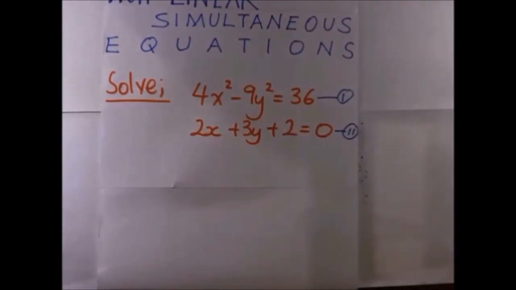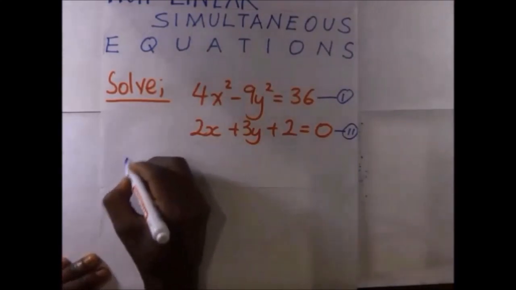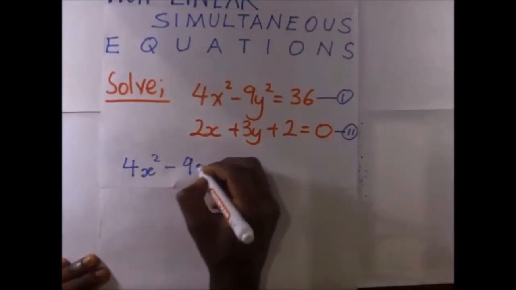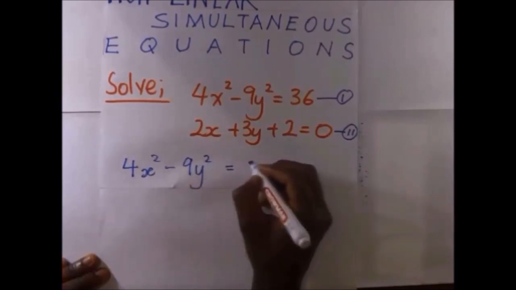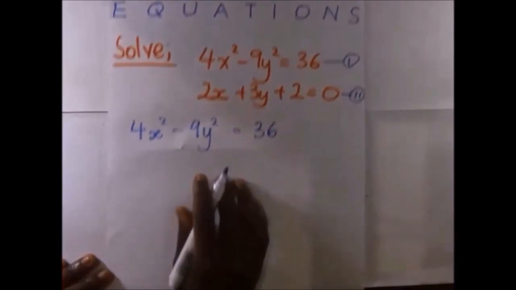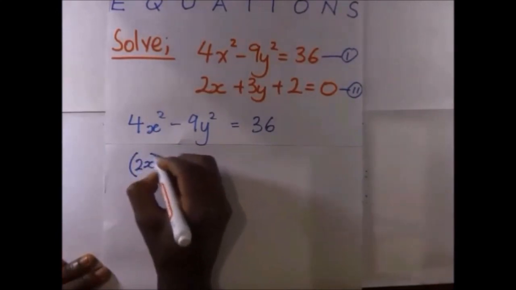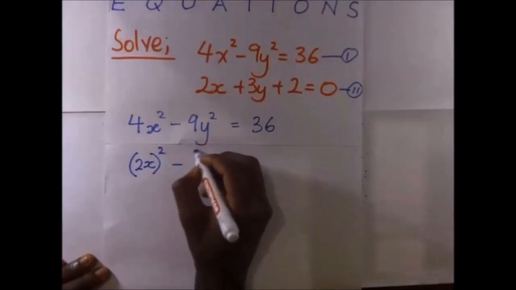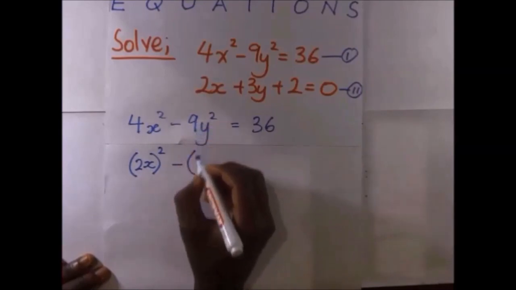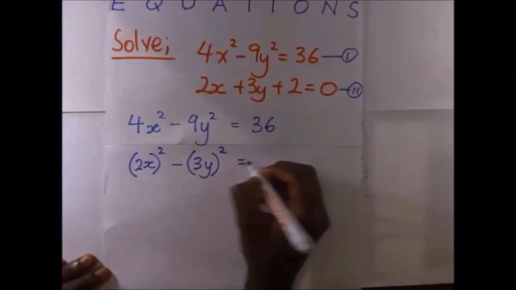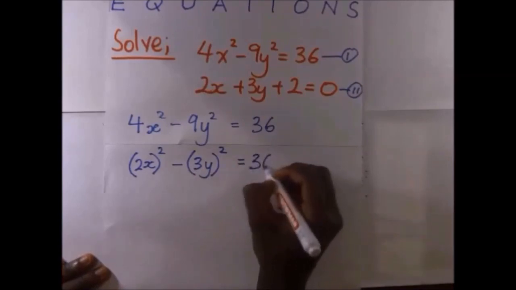So for my first equation, we see that 4x squared minus 9y squared is going to be equal to 36. So this is the same as (2x) squared minus (3y) squared, since the square root of 9 is 3, equal to 36.